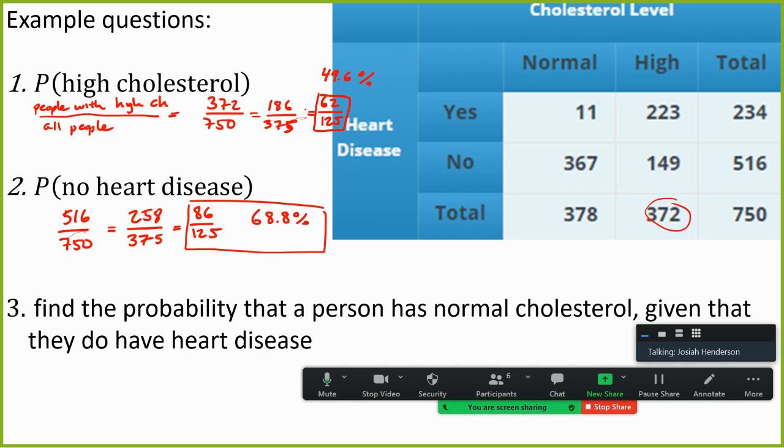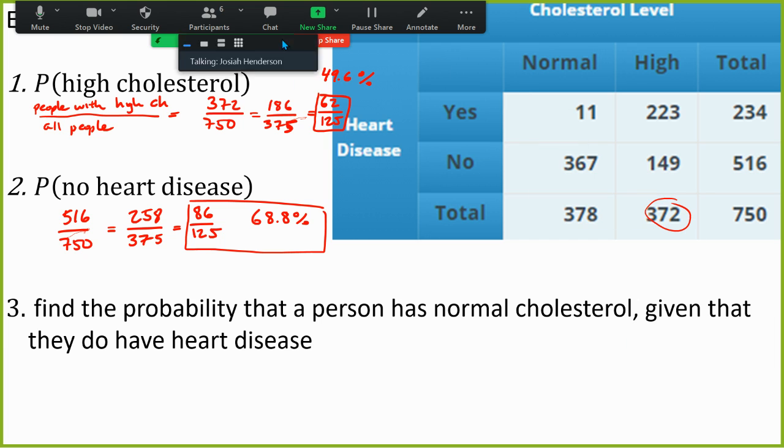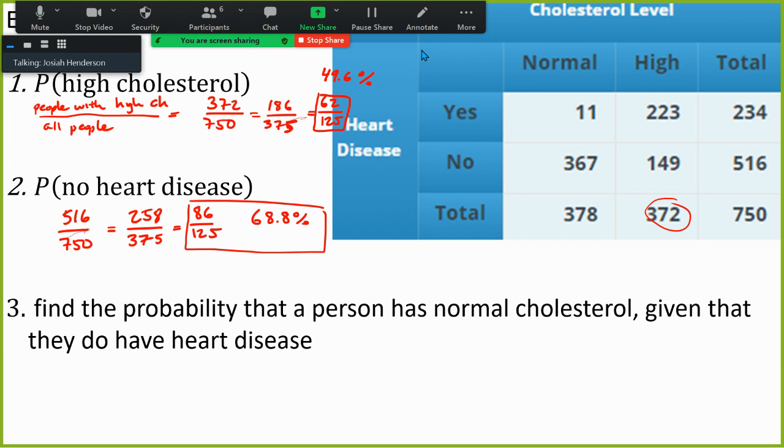Now for a slightly more challenging question, number 3. Pay attention to the wording in the question. This has a given that. With the given that, that'll change up what our total is that we use. Find the probability that a person has normal cholesterol, target, given that they do have heart disease.